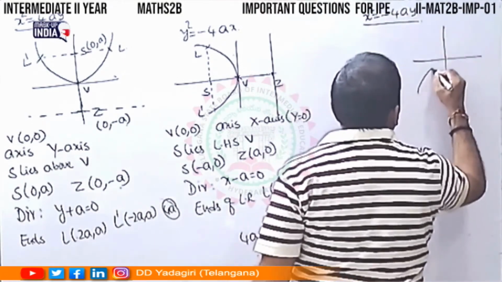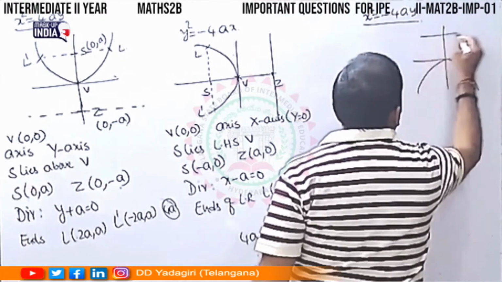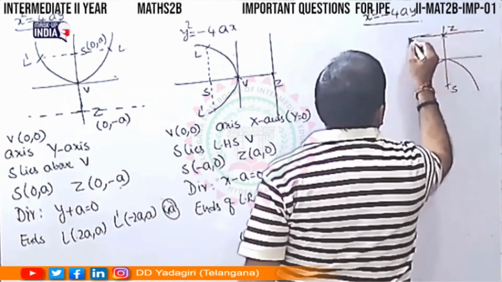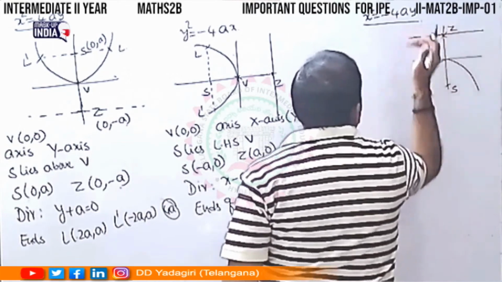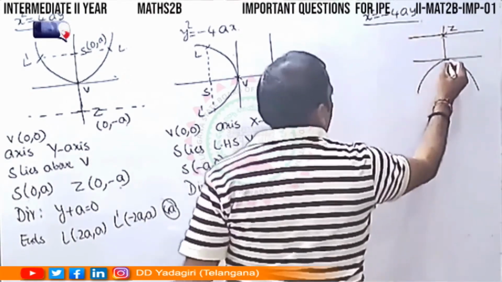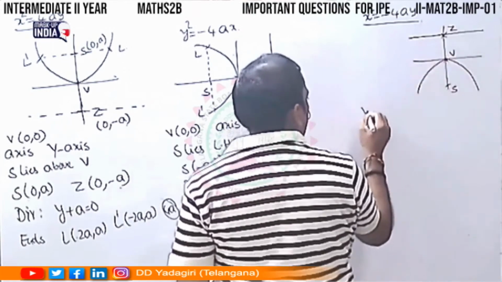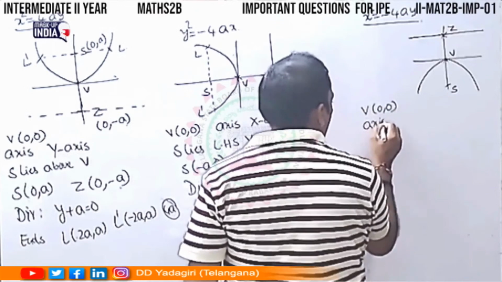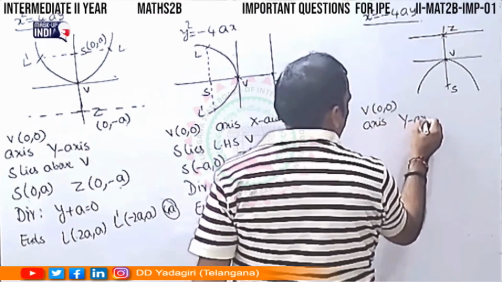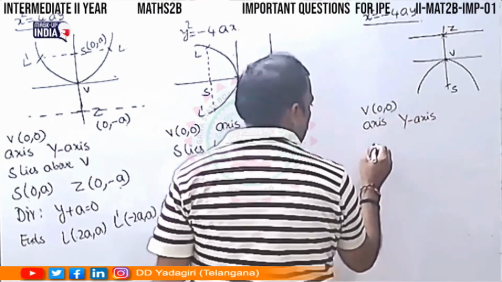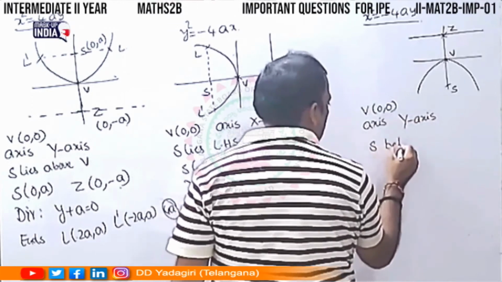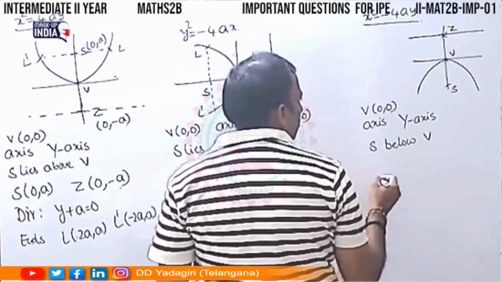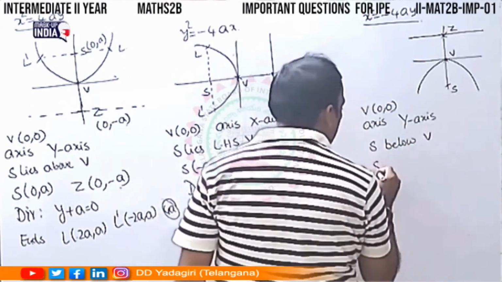What is it called? Downward parabola. Vertex is (0, 0). Axis is the y-axis. Focus lies below the vertex.